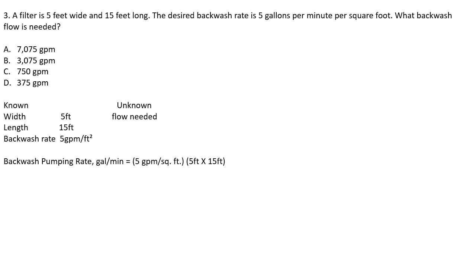Do your math, 5 times 15 first. That gives you 75 square feet. Now remember, it's 5 gallons per minute per square foot, so we're going to cancel the square feet out. And the answer is 375 gallons per minute.